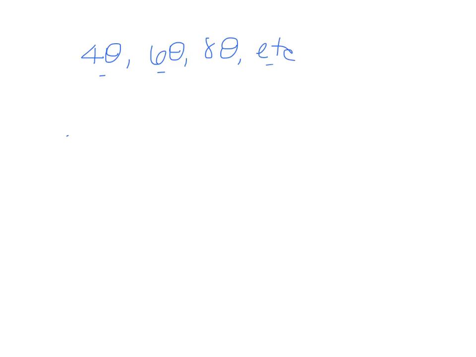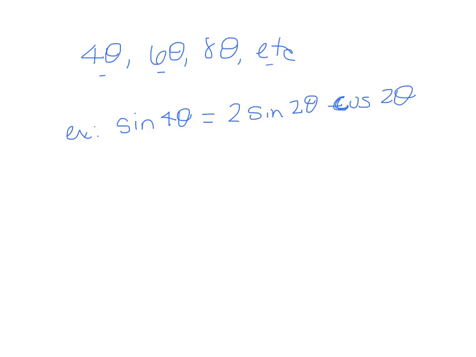Okay, and just like a little mini example, if I had the sine of 4 theta, I could actually, instead of going 2 sine u cosine u, divide that u in half. So in this case, I would end up with 2 times the sine of 2 theta times the cosine of 2 theta.